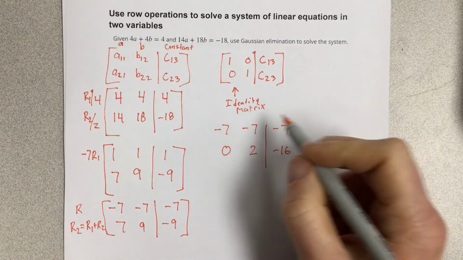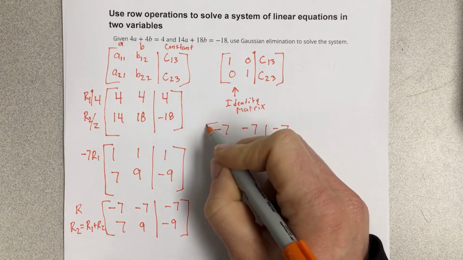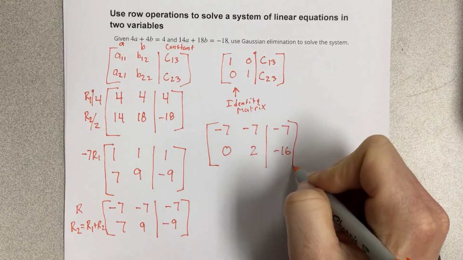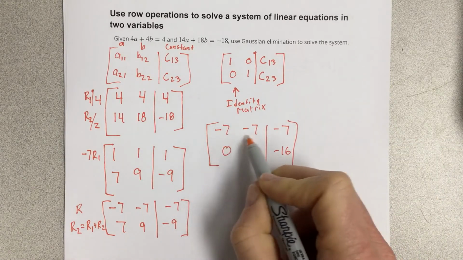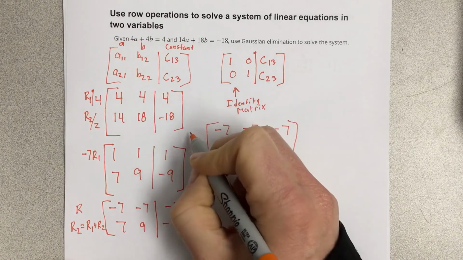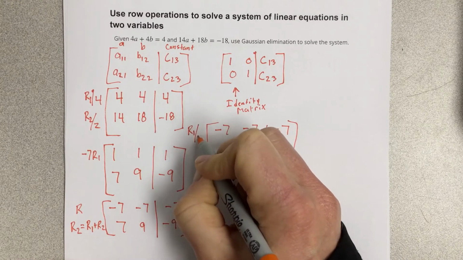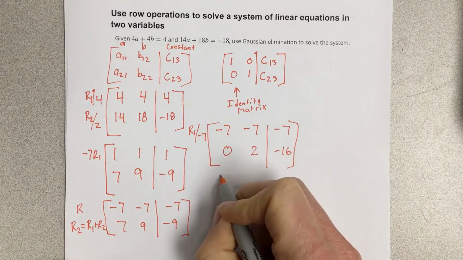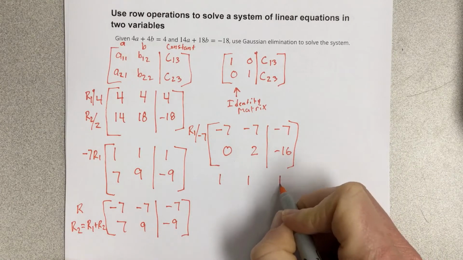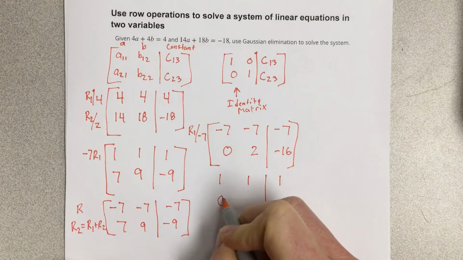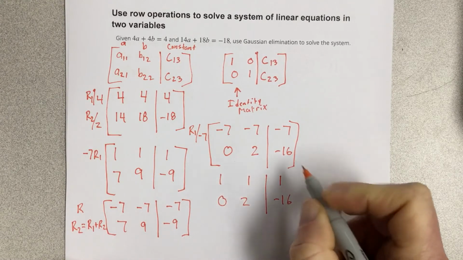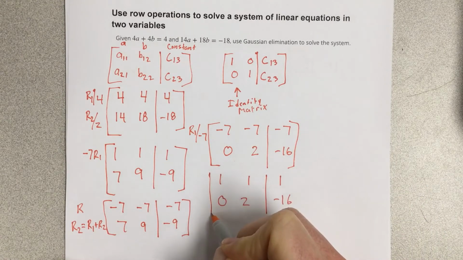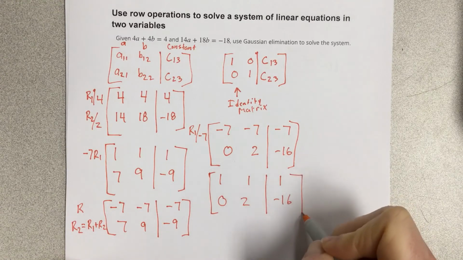And then, once I get to that point, I'm going to again divide by this negative 7. So I'm going to say row 1 divided by negative 7. And when I divide each of those, that'll give you 1, 1, 1, 0, 2, negative 16. Now I'm going to try to cancel the top right piece.